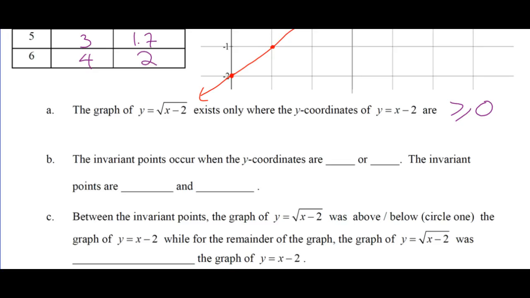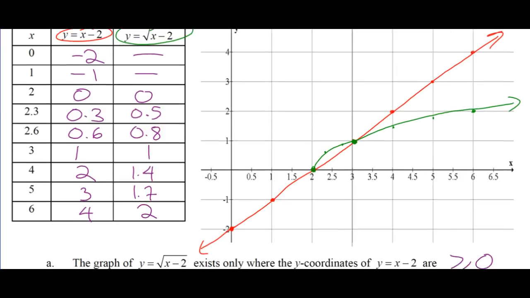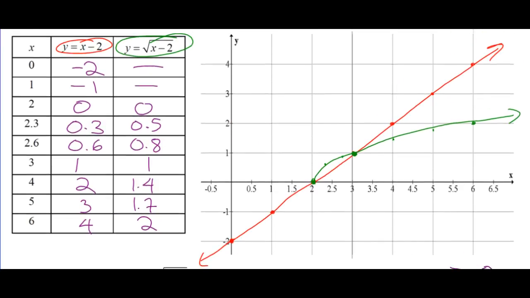The invariant points occur when the y coordinates are, okay, so where are the invariants? Y coordinate of 0, right? It's invariant. So what's the y coordinate here? Y equals 1. Because what's the square root of 0? What's the square root of 1?